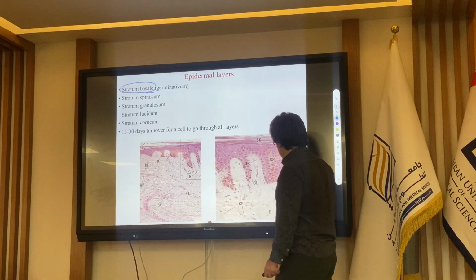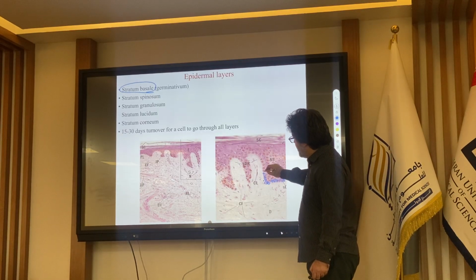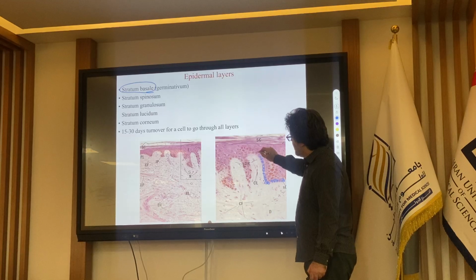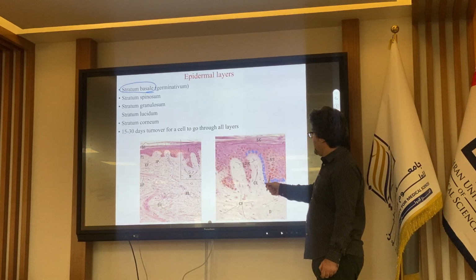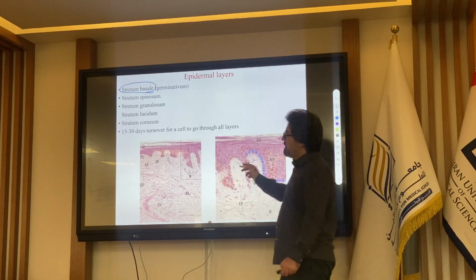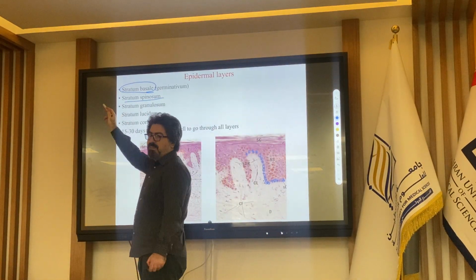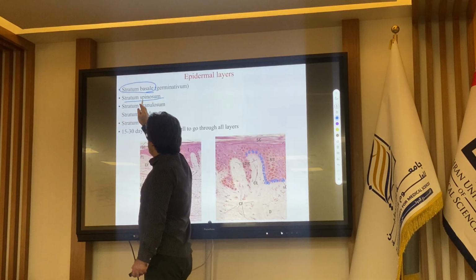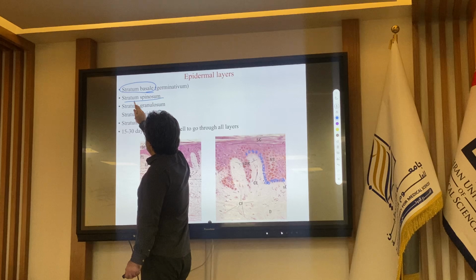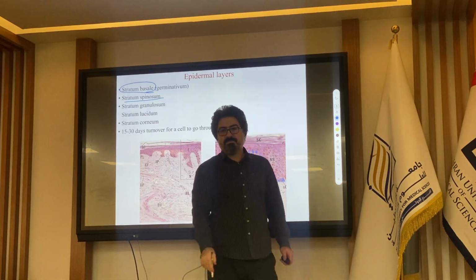This layer of cells is known as basal layer. And above the basal layer, the second layer is the stratum. Stratum means layer. Spinosum. The stratum spinosum or spinous layer.